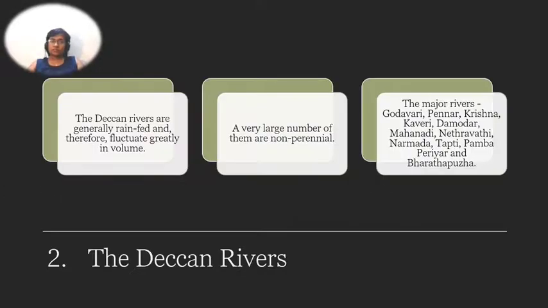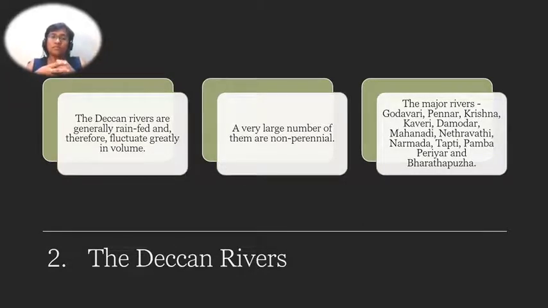The second type of rivers is the Deccan rivers. The Deccan rivers are generally rain fed and therefore they are not perennial, they are non-perennial. They fluctuate greatly in volume. If there are heavy rains, we can see that the river flows in full swing, and if there are no rains, then it will be dry.